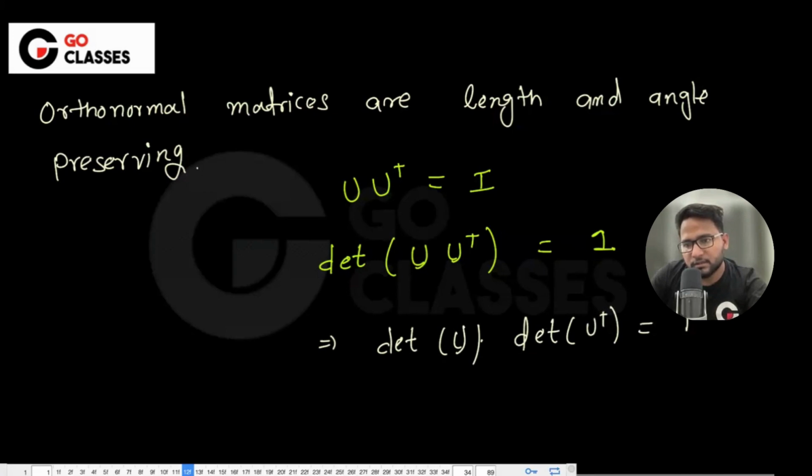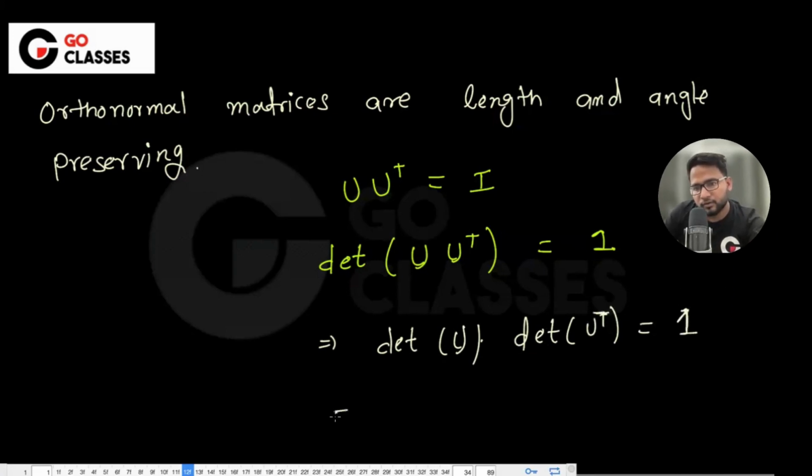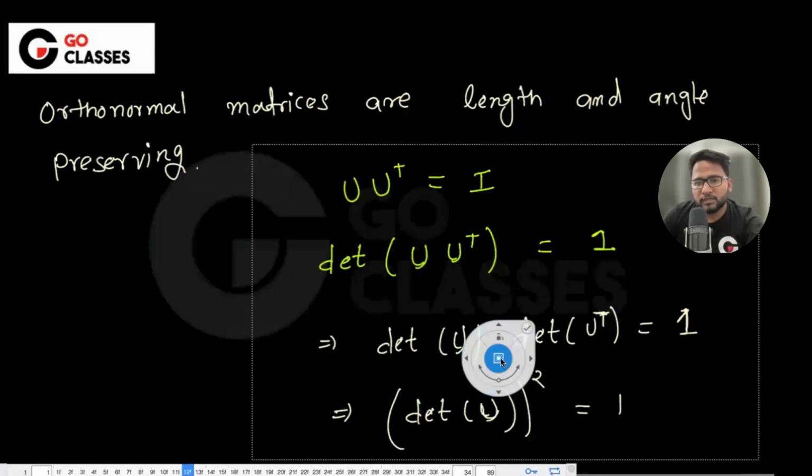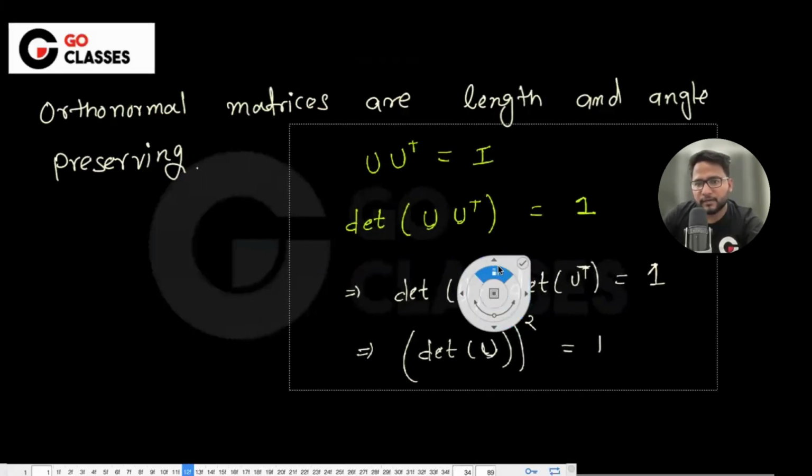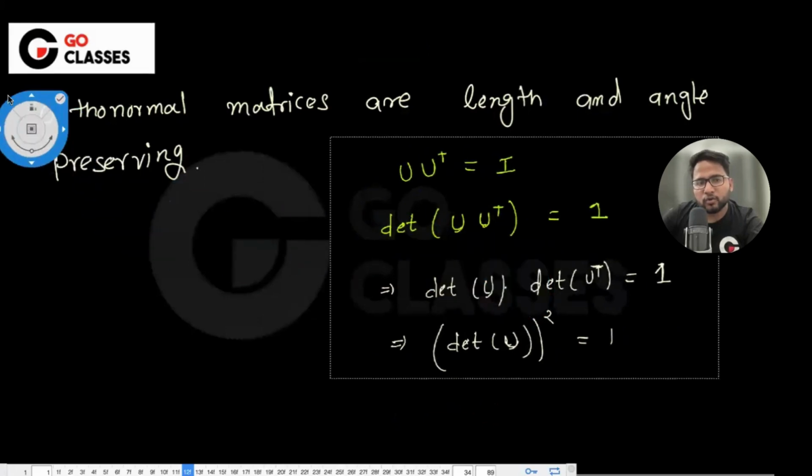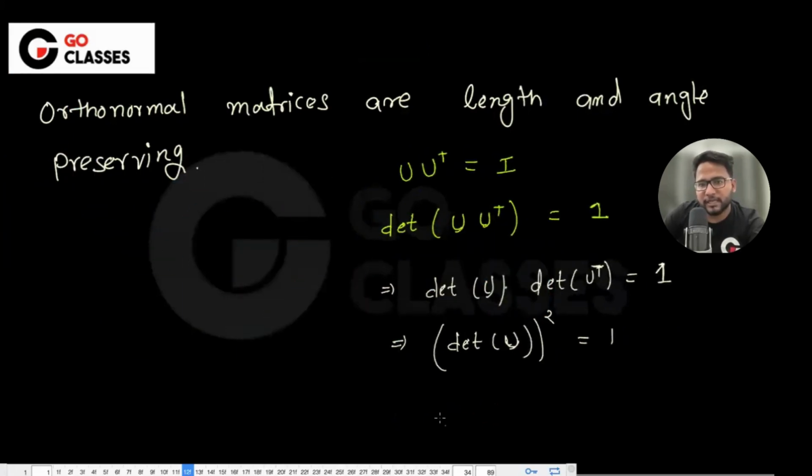And since these two determinants are actually the same, the determinant of U squared is 1. And from this, you can say the determinant of U is either +1 or -1. So for any orthonormal matrix, the determinant is either +1 or -1, right?